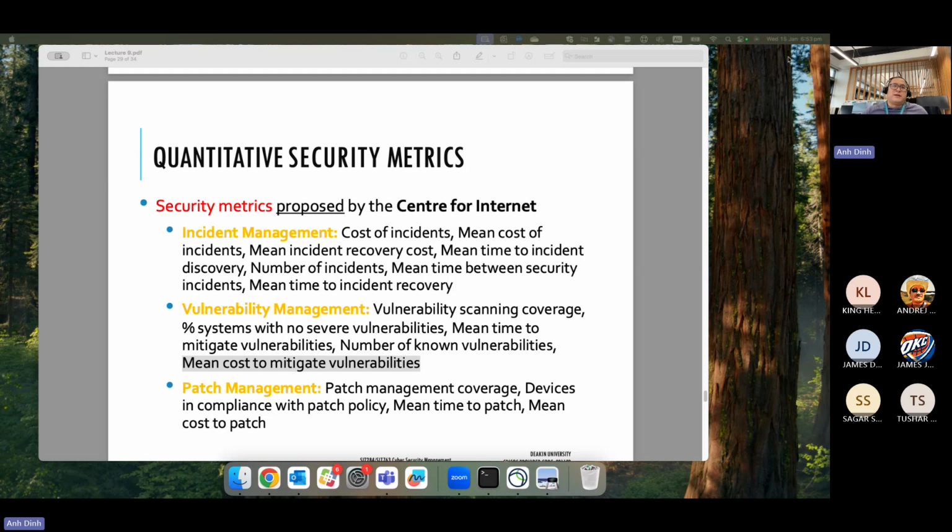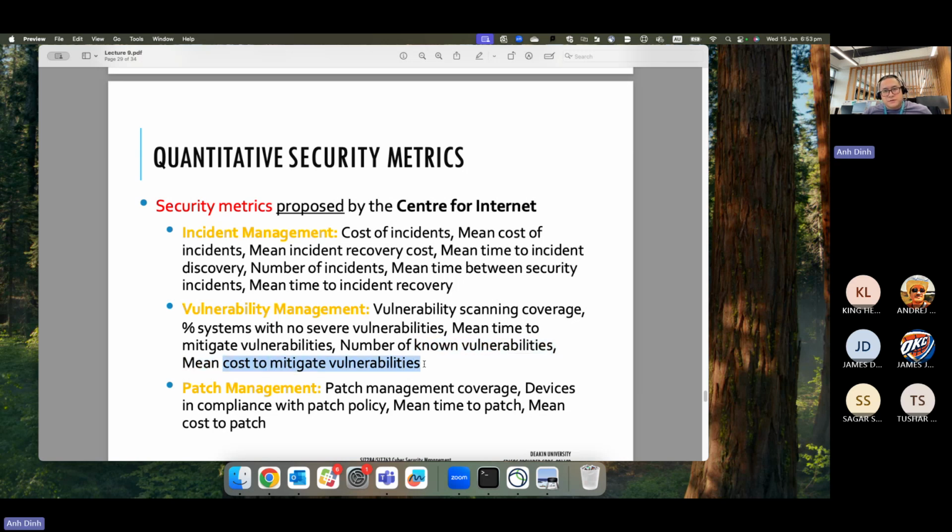For example, in the incident management system, for the incident recovery cost, you know where to collect the incident-related data from, right, to bring them together. So for this mean cost to mitigate vulnerabilities, here you must somehow get the information about the vulnerabilities, right?